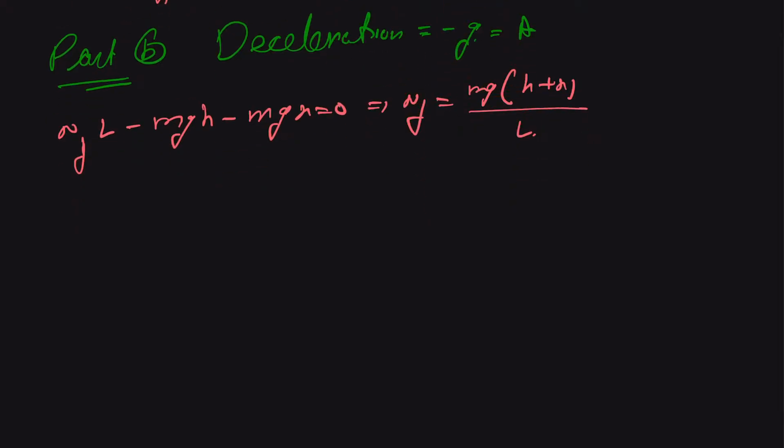Now we simply substitute the value. We get NF. M is given to us as 1600 multiplied by 9.8, and height is 0.7 plus 1.3, and length is given to us as 2.6.